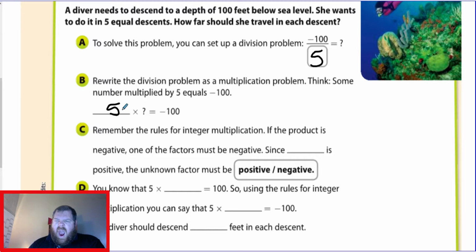Since 5 is positive, we know that the other factor has to be negative. And if we know that 5 times 20 is 100, the sign rules for integer multiplication say that should be 5 times negative 20 to give us negative 100, or that the diver should descend 20 feet in each descent.